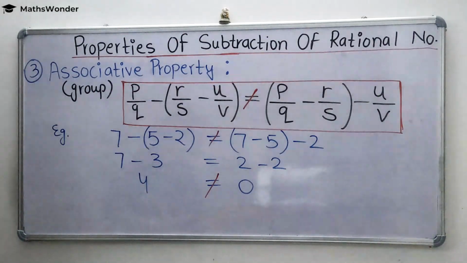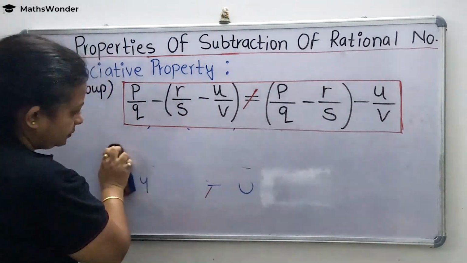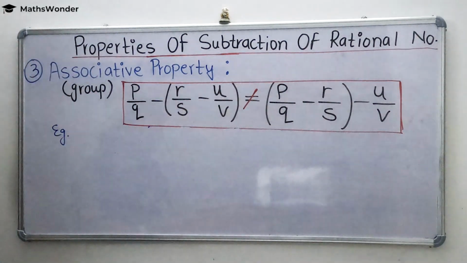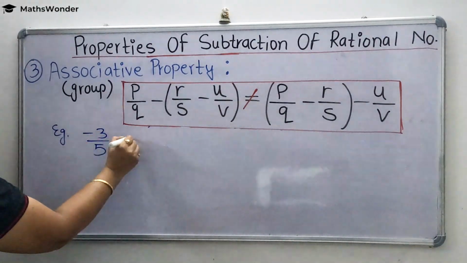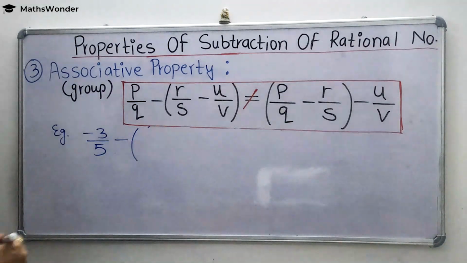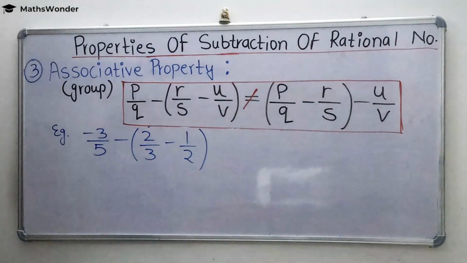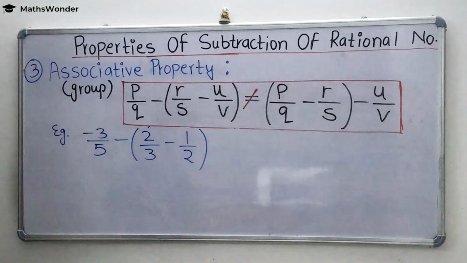Now I am giving one example for the rational number and then done. The other example of rational numbers is, suppose negative 3 over 5. This is a negative rational number, 2 over 3 and 1 over 2. Always remember, whenever we solve this property, first of all you will solve this parenthesis, okay?